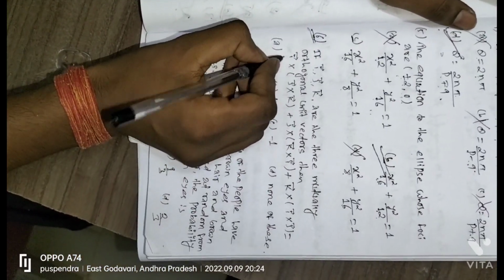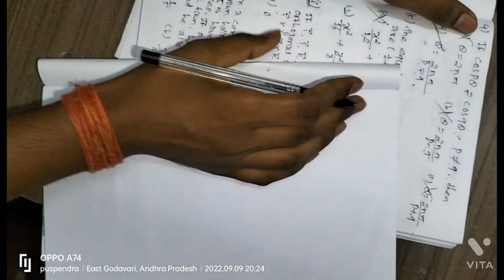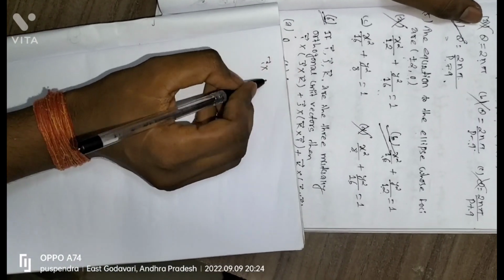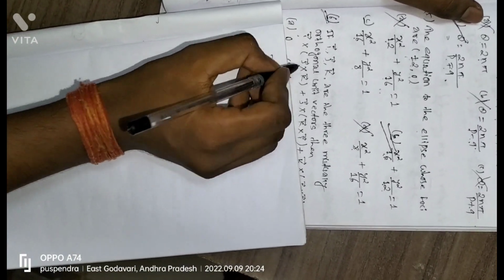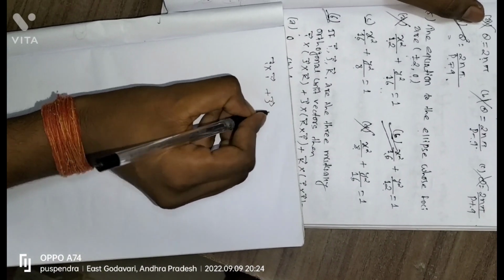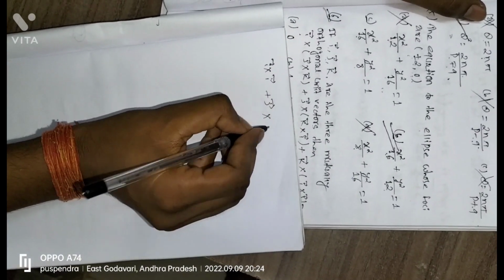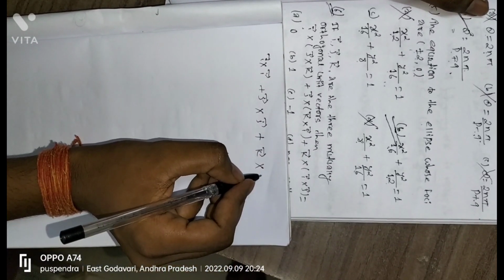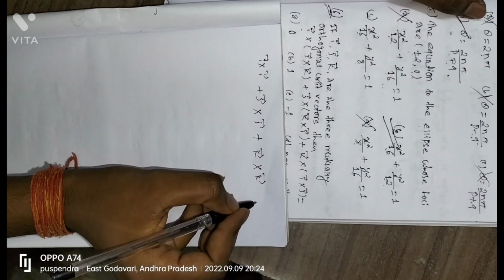Now here, i vector dot j cross k, what will it be? i vector dot i vector, plus j vector dot k cross i, j vector, plus k vector dot i cross j, which means k vector.